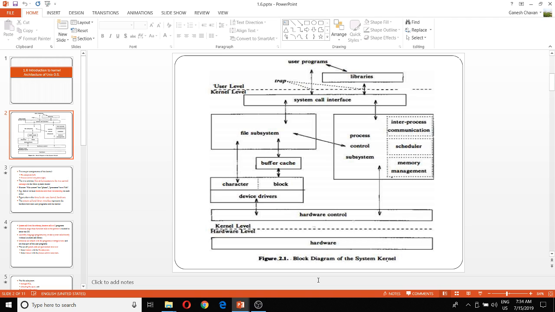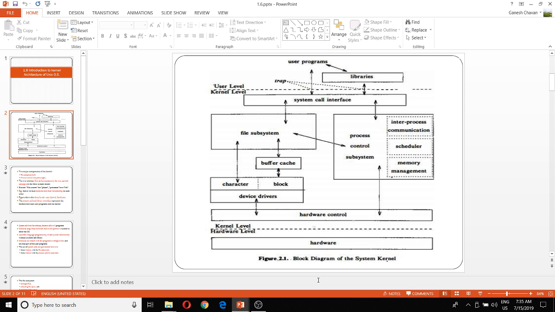Now, there are connections between this file system and hardware control, as well as process control subsystem and hardware control. These connections basically exemplify the relationship between file subsystem and the hardware through the hardware control unit, as well as the association between process control subsystem and the hardware through the hardware control.